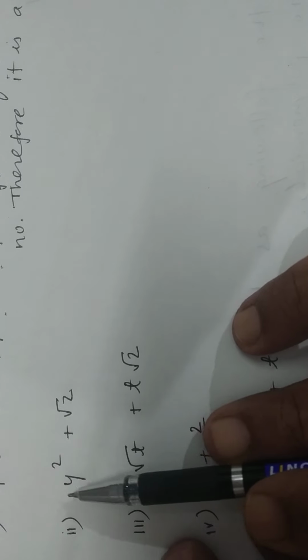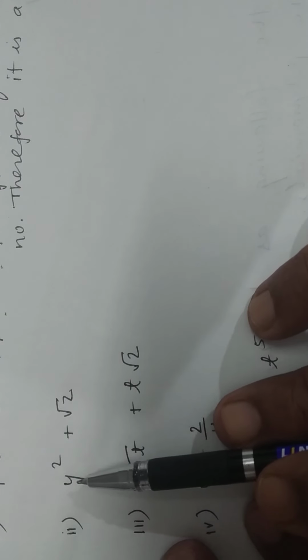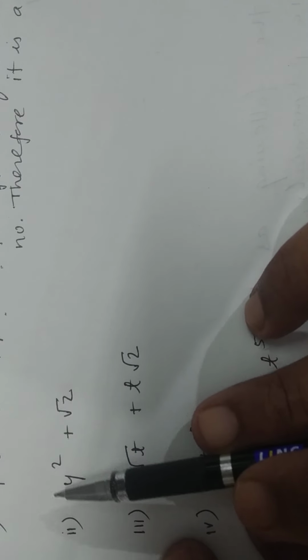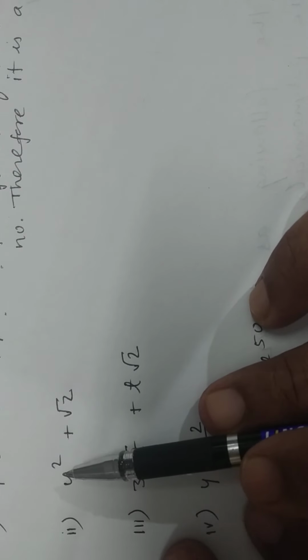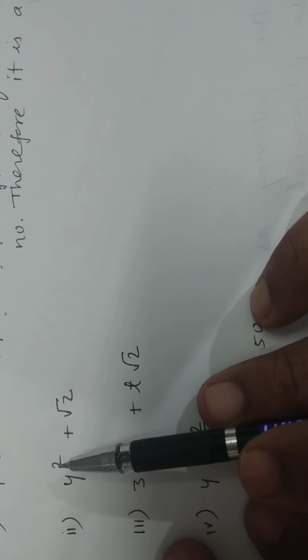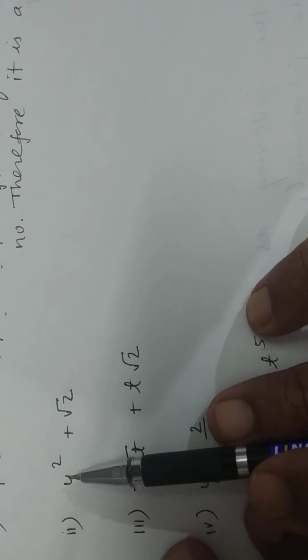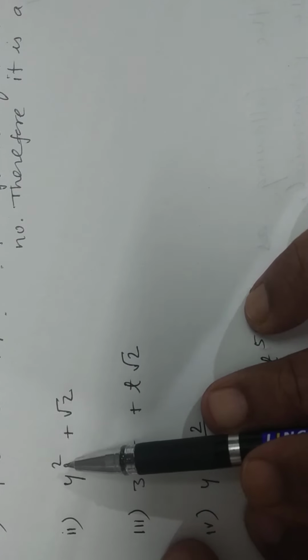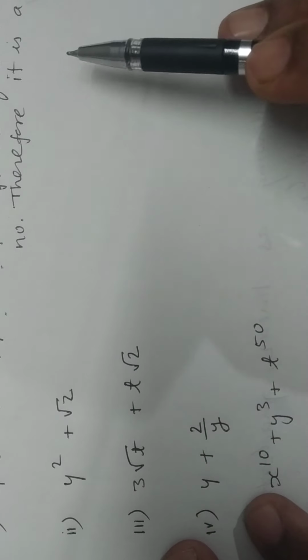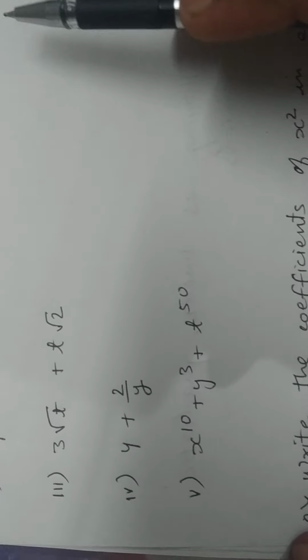But the power of the variable should not be any power other than a whole number. It should not be negative, it should not be a fraction, it should not be in radicals. So here the power of the variable is positive, therefore it is also a polynomial. You write it down.